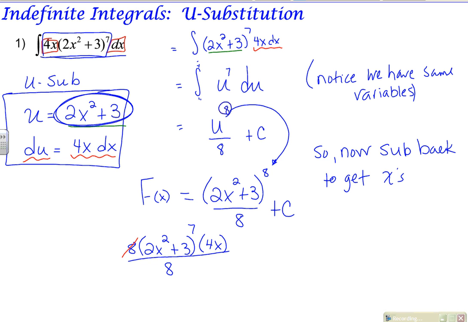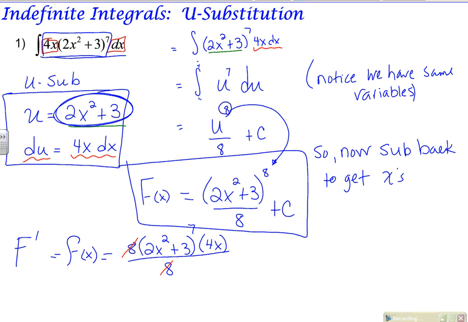And notice how my 8s are canceling, and I do believe we have an exact match. So this would be f of x because it was F, and f prime gives me little f of x, and it matches up perfectly. I know that I have done my work correctly. There's our answer. U substitution.